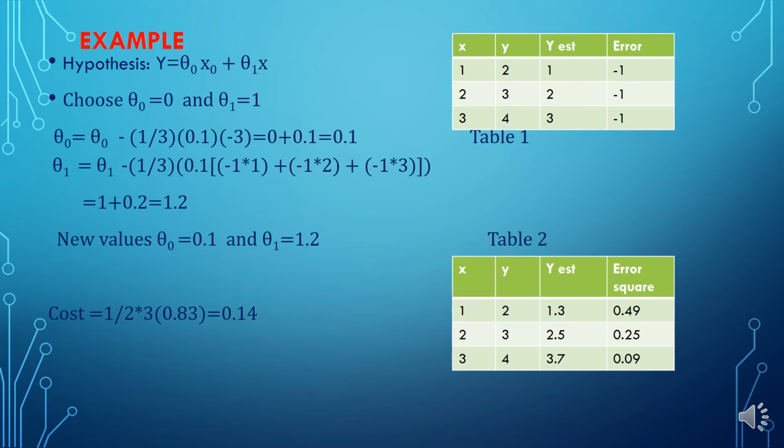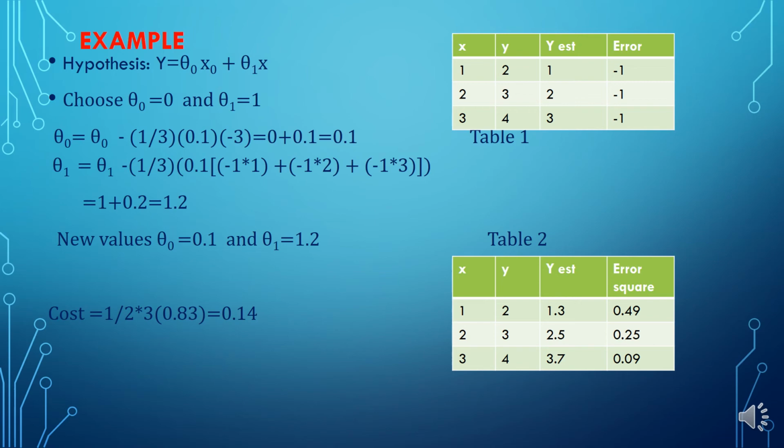Once all the three estimated values are calculated, we can find the squared error. Error is estimated minus actual, and you square it. So for the first one, it is 1.3 minus 2 whole square, that is 0.49, and so on.